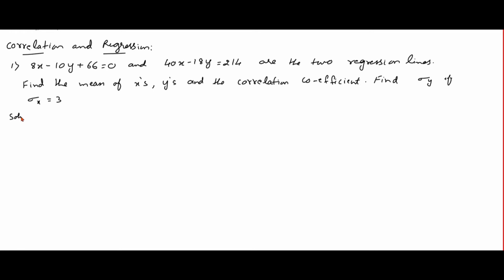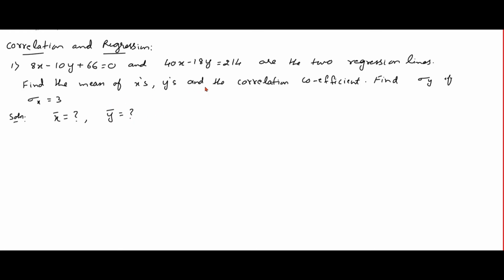Right? That's the question. Two straight lines are given over here: 8x minus 10y plus 66 is equal to 0, and 40x minus 18y is equal to 214. What we need to find is the mean, that means the value of x bar and the value of y bar.